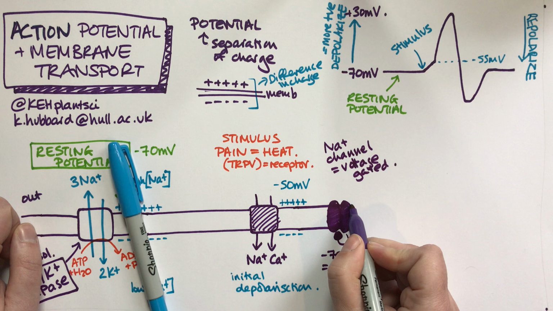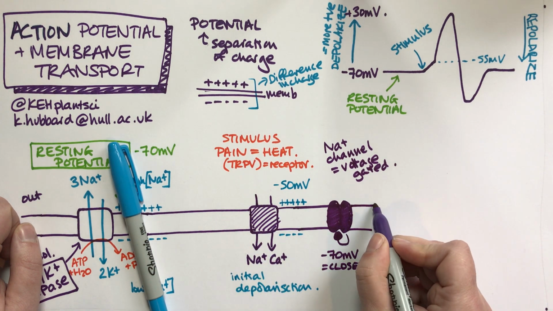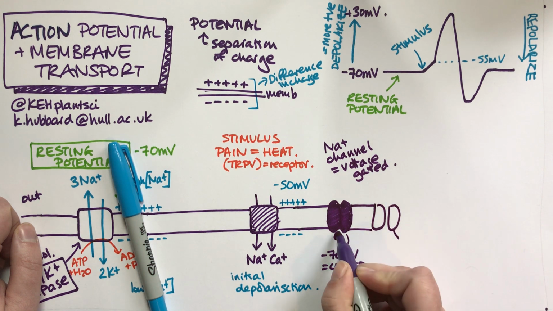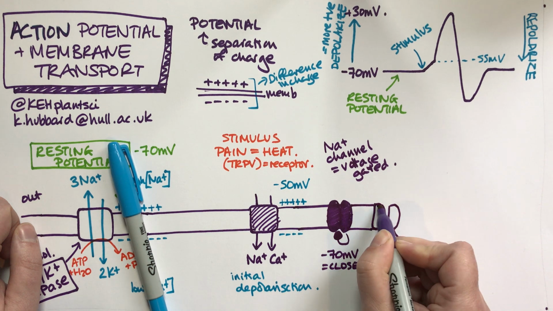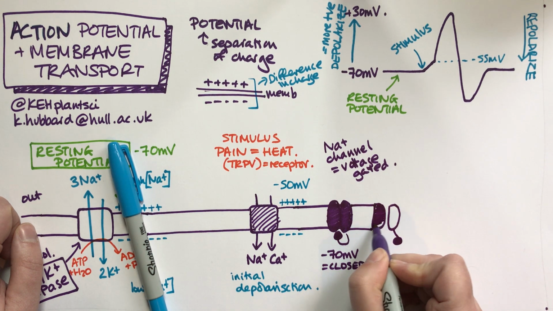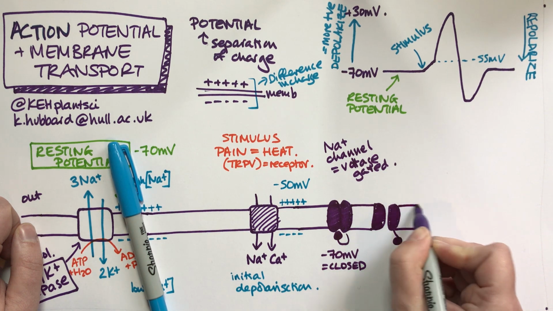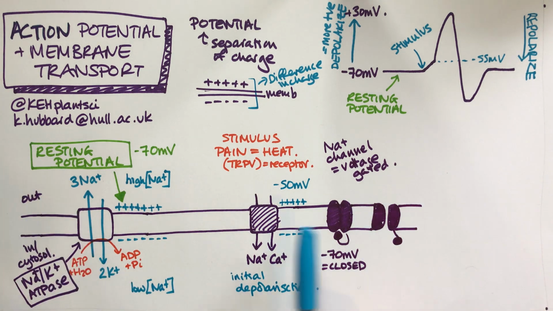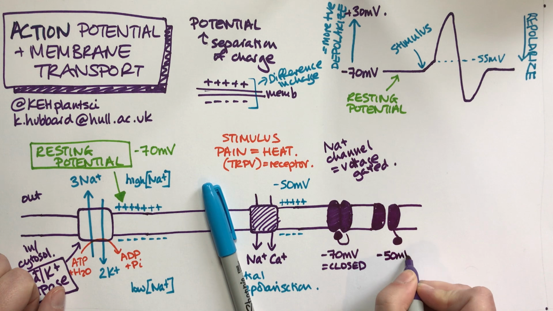But when we start to shift the membrane just a little bit because of this pain receptor, what then happens is the protein opens. So there's actually a physical sort of little ball and chain bit of the protein that swings away. When that happens, that then opens the protein. So this might be at minus 50 millivolts.